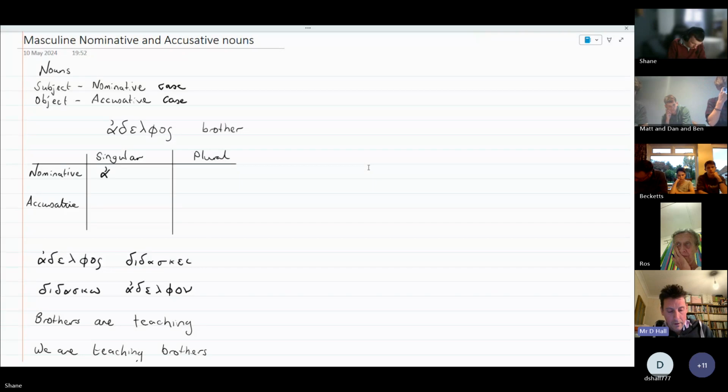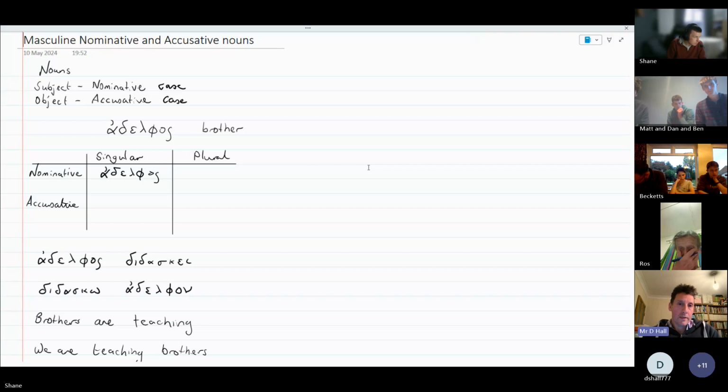It's made up of a stem, which is in this case adelph: the alpha, delta, epsilon, lambda, and phi. And then there's a little ending, which is the bit that's going to change depending on where brother ends up in the sentence. So for the nominative, we have adelphos. The ending is the omicron sigma.